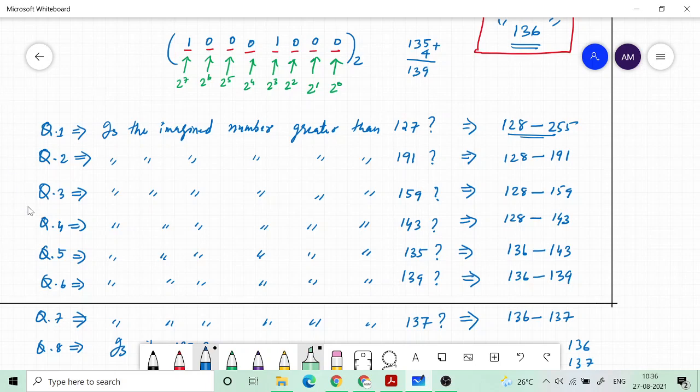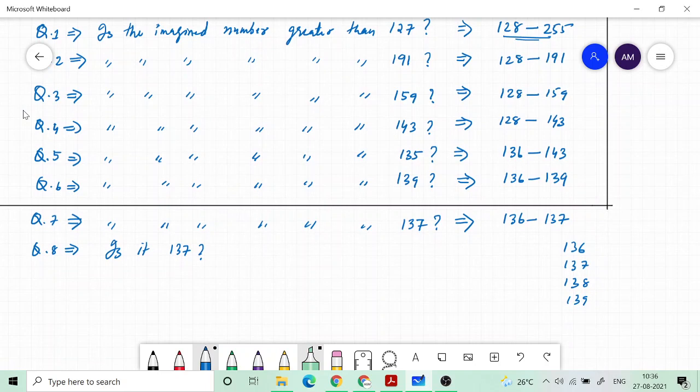Okay, so what I did basically is the concept behind the conversion of a decimal number into a binary number. So the answer is no. I got the answer 136. Okay, so this is just a game.